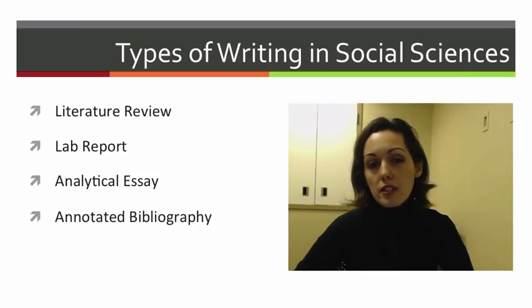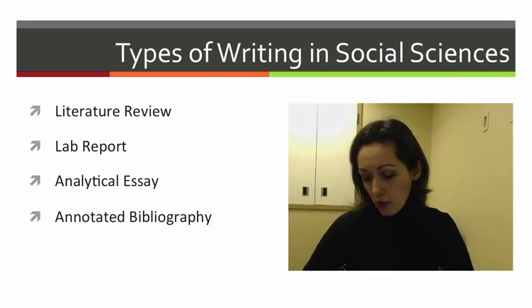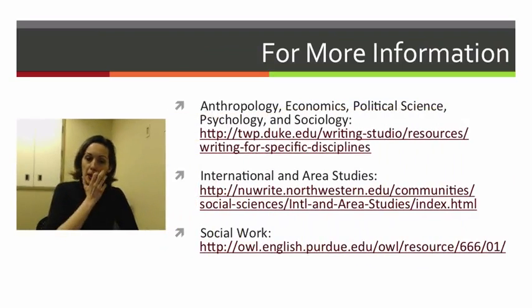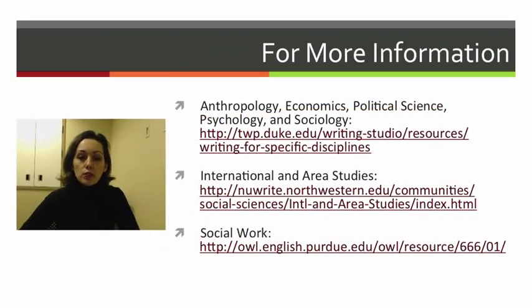These are just some of the broader examples, and for more specific examples, I want to give you a little bit of a list of what is out there in terms of free and online sources that give you more specific information about some social sciences disciplines. This, I think, is a good place to start. You can do your own research about it.